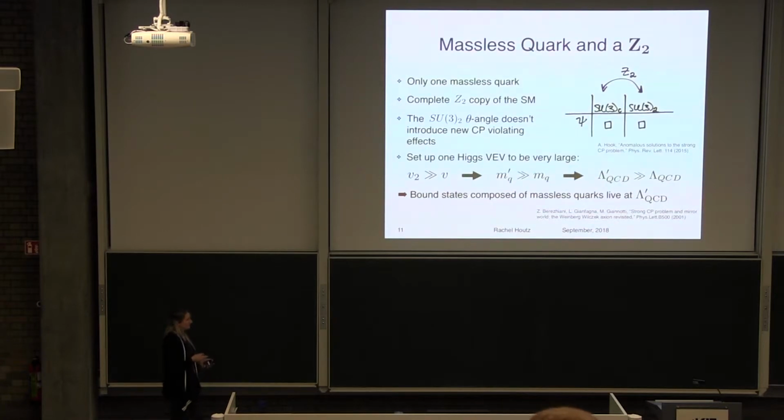Then what he says is, if these are related by some symmetry at high scales, I'm going to set up one Higgs set to be much larger than the other, so all the matter in the mirror world is very heavy. And then the QCD in the mirror world confines at a much higher scale than lambda QCD. The bound states that form here are composed of massless quarks, and they live at lambda prime QCD. So he was able to achieve it by only needing one massless quark and not needing to add a second, because the symmetry related the two.